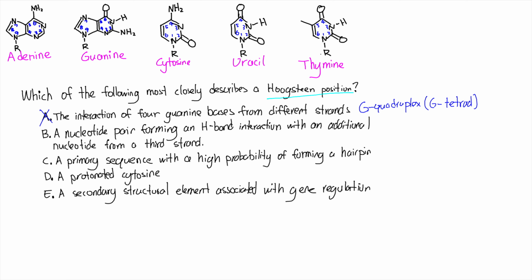And then B says a nucleotide pair forming an H-bond interaction with an additional nucleotide from a third strand. Well, this option looks correct, and here's why. First of all, we want to know what exactly a Hoogsteen position or Hoogsteen face is, and I'm going to circle it.